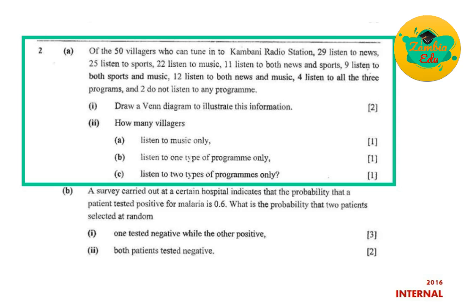Of the 50 villagers who can tune in to Kambani radio station, 29 listen to news, 25 listen to sports, 22 listen to music, 11 listen to both news and sports, 9 listen to both sports and music, 12 listen to both news and music, 4 listen to all the 3 programs, and 2 do not listen to any program.